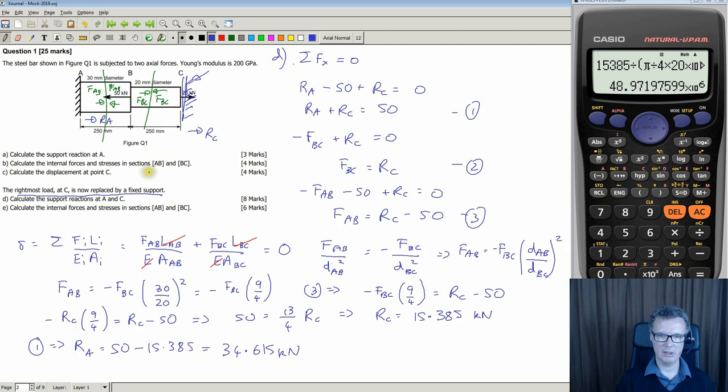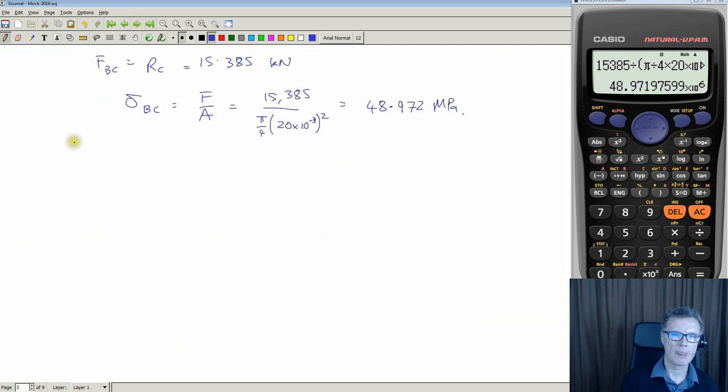Let's do the next one. So this is E, and next one I'm doing is FAB. Okay, so that's RC take away 50. So section AB I'm expecting to be in compression, so I'm expecting a negative answer here.